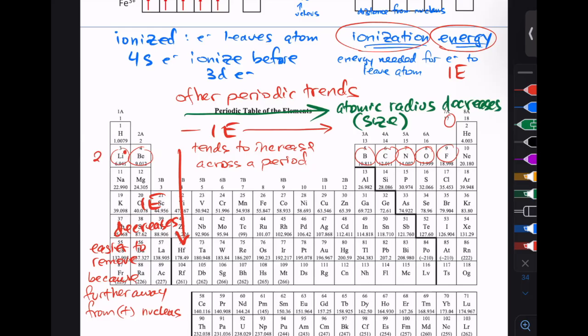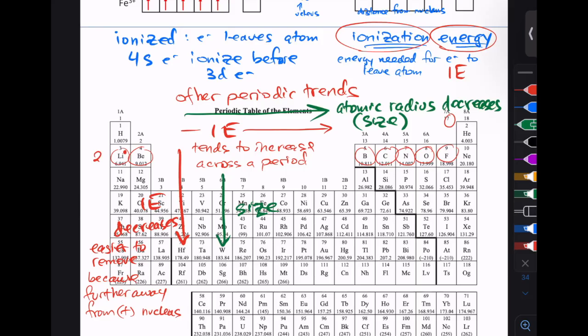As we go from left to right across a period, and as we're going down a column, the size, what do you think? Does it increase or decrease? It increases. I already told you that, right? Because as you increase the principal energy level, those electrons are farther and farther away from the nucleus.